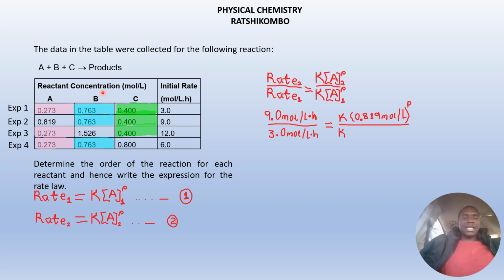So this simply means that for experiments 1 and 3, the change in the rate must be due to the change made on B. To find the order of B, we are going to consider experiment 1 and experiment 3, because we know that for these experiments, B is the only one that was changing.